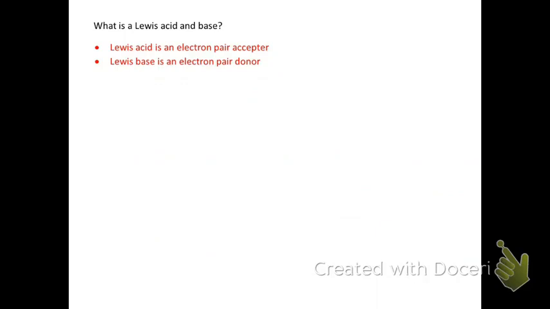Now, we've already talked about that a base has to have a lone pair of electrons. So what Lewis is going to say is anything that has a lone pair of electrons and donates that pair of electrons to something is going to be a base, and anything that accepts a lone pair of electrons is going to be an acid.